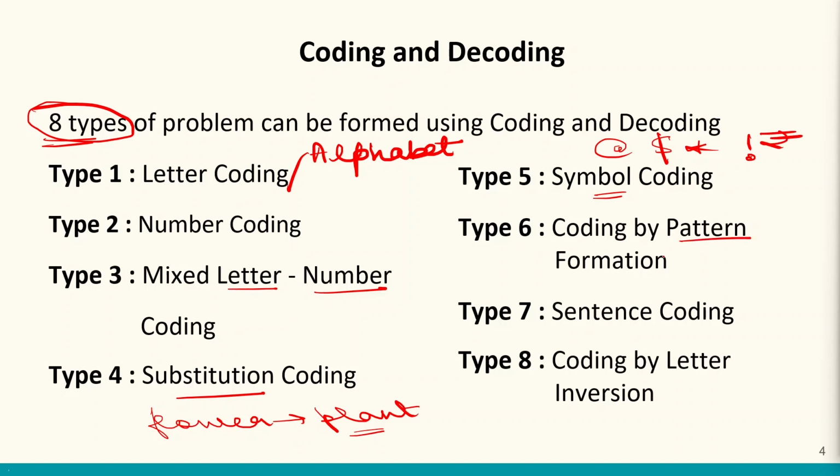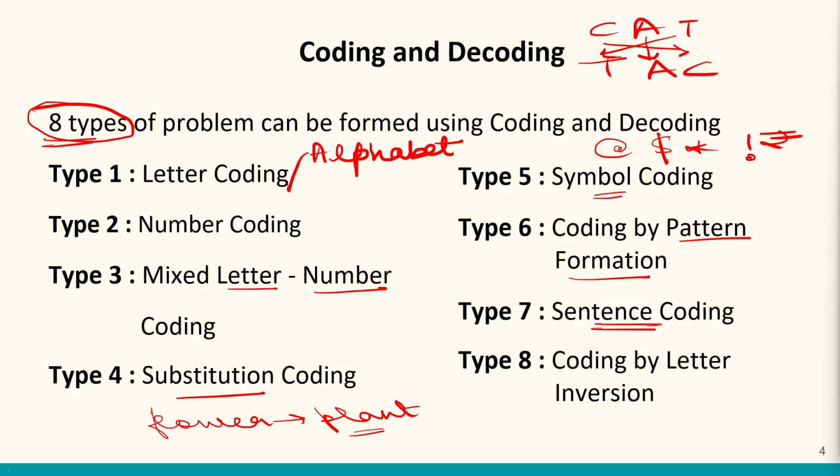Then we have coding by pattern formation. What do you mean by pattern formation? If cat is written like this, I have written the value of C last, written the value of T first, and A is in the same position. This is called coding by pattern formation. We are basically changing the pattern.